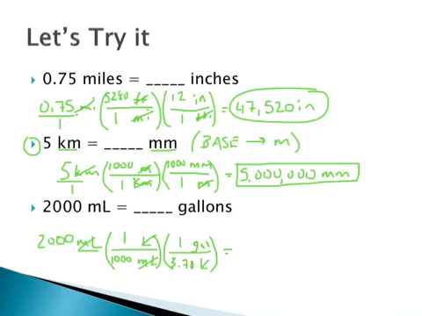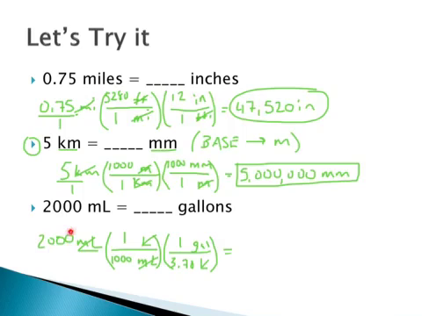And when you do this now, notice you have all your bigger numbers in the denominator. So to solve this, you're going to start with 2,000 in the numerator and 1,000 in the denominator. Now we are going to divide these across. There are 2 ways to look at it.